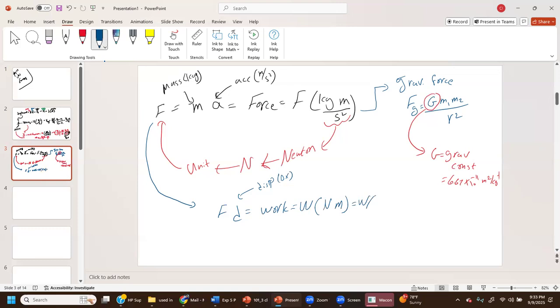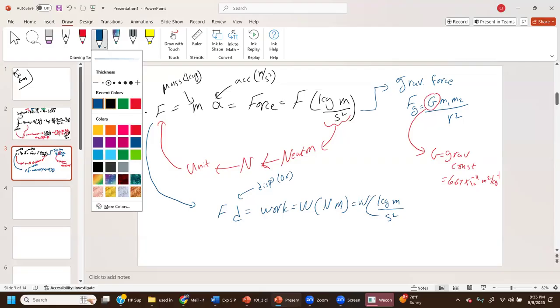If you convert newtons, we said it was kilograms meters per second squared multiplied by this meter, the other meter that we have.